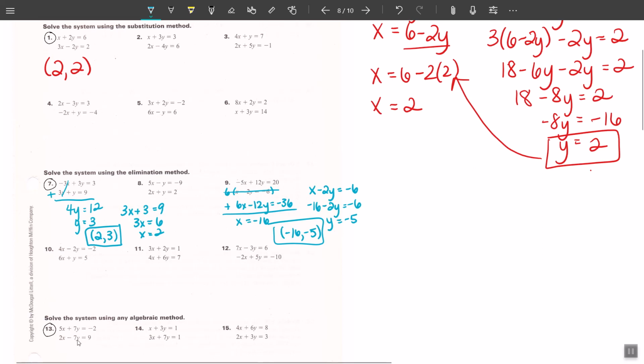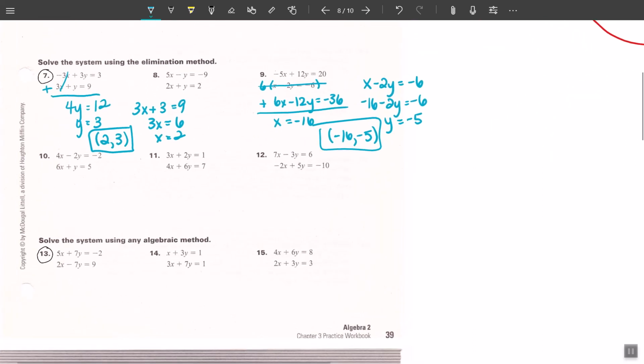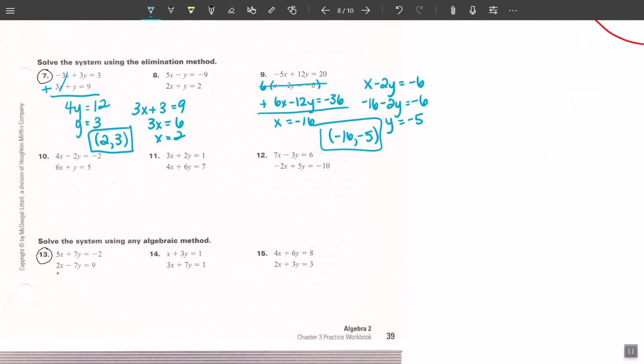We don't have to do that because elimination allows us to cancel these two 7s if we combine through addition. So we're going to do it that way just because it's a little bit less work.